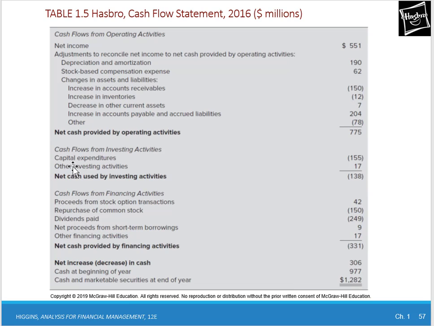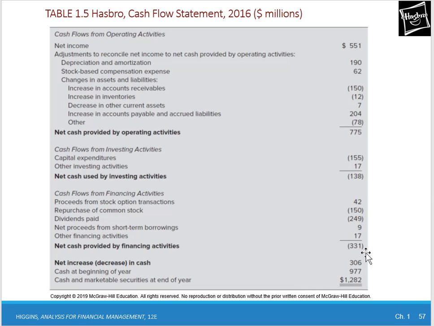So it looks like they bought capital equipment for $155 million, but they sold other investing activities. So they sold some assets for $17 million. So it netted $138. Now, the cash from financing activities, again, it's a negative $331.